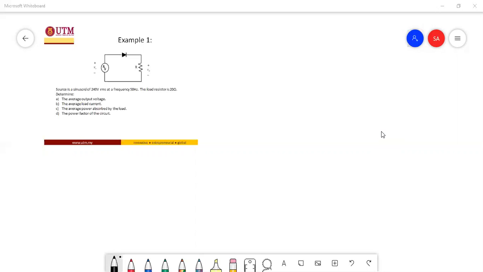For the first step, what you need to do is identify which equation needs to be used.